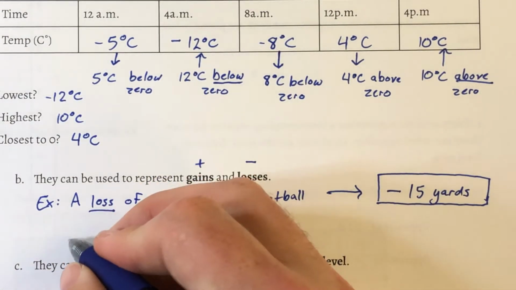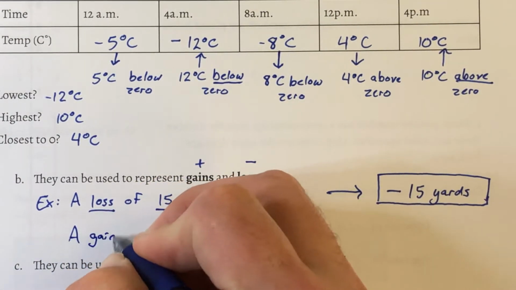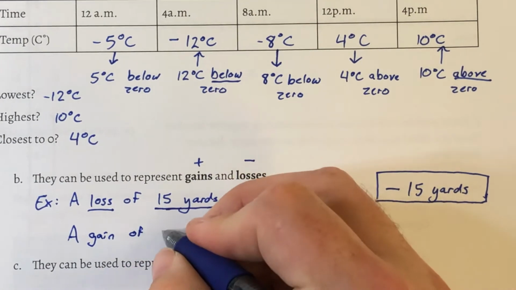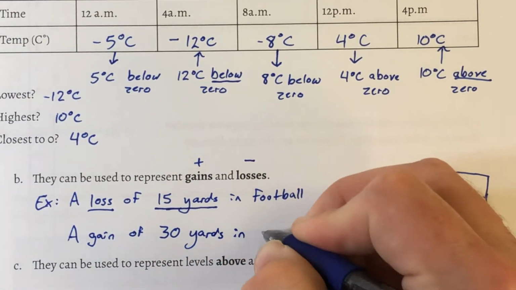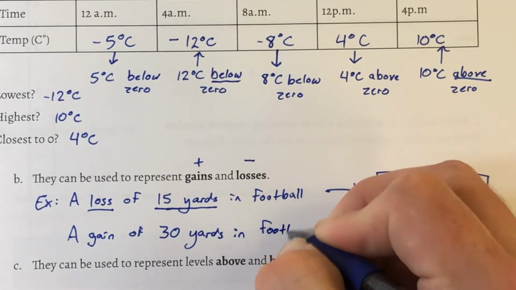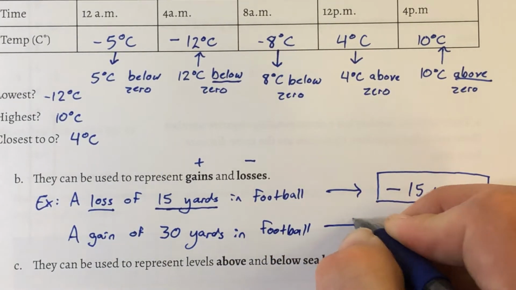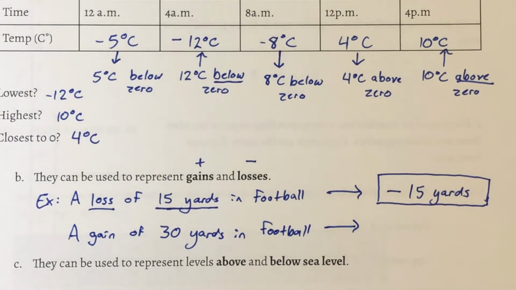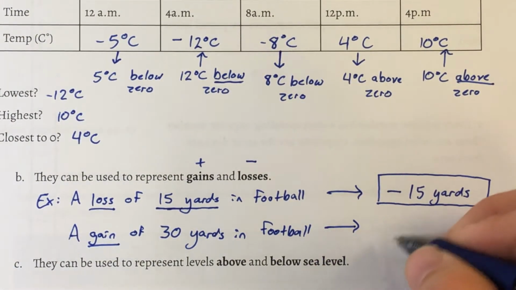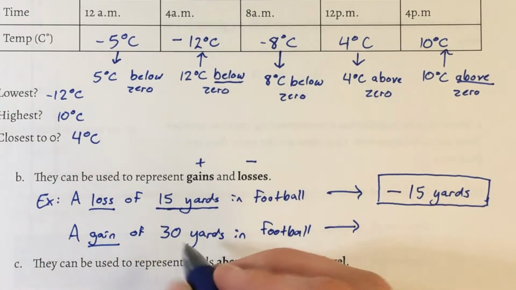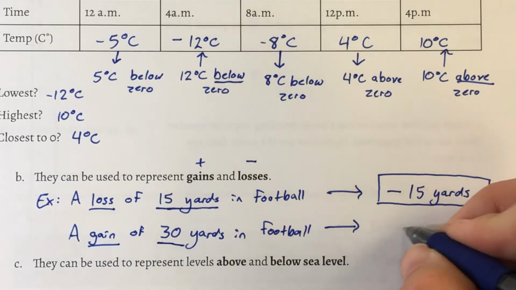Next example, let's say we have a gain of 30 yards in football. And we want to write that as a plain old number. Well, gain means positive. And again, on positive, I don't need to write the plus sign. I could. What's my number? 30.